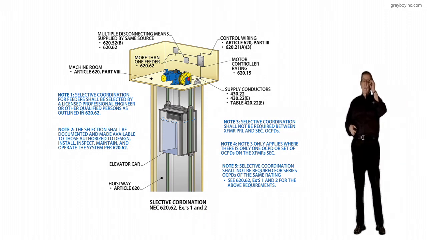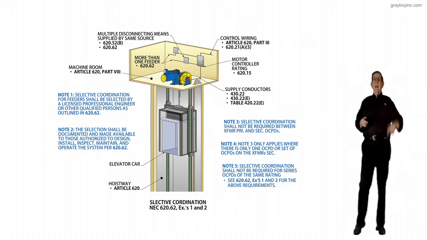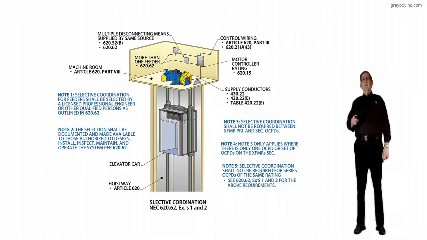This is kind of to serve as an aid to this section. But notice, let's look at the multiple disconnects at the left top side of the illustration. It's titled Multiple Disconnecting Means Supplied by Same Source.